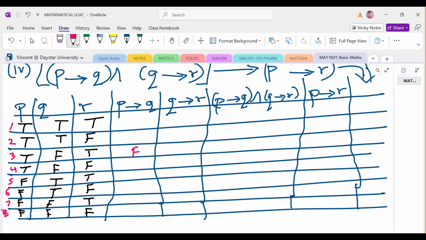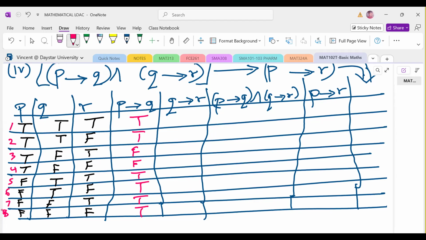The fourth one is also a candidate of an F, isn't it? Is there any other? There is no other, okay? Now you put T, T, T, T, T, and T, okay? Yes. Now let's go to the next column.